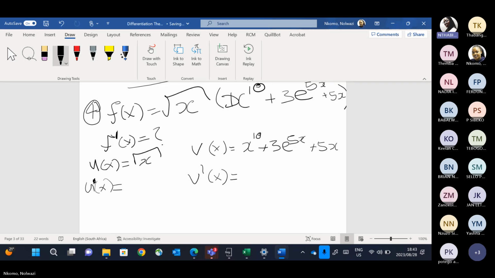I found x to the power 1 over 2. You said x to the power 1 over 2? Yes, please. Anyone with a different answer?